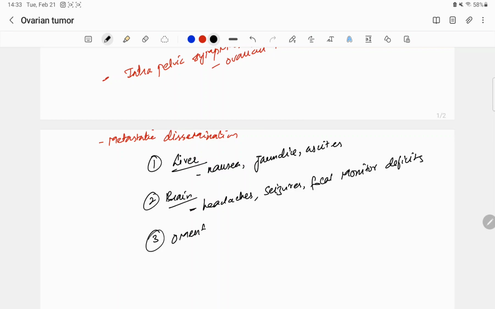And if it metastasizes into the omentum, you have omental caking. So what do we mean by omental caking? It is the disease infiltration of omental fat.